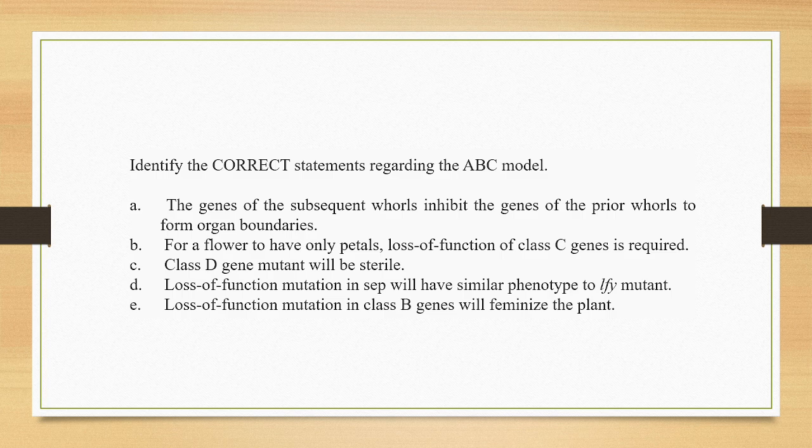Therefore, the first option is correct because these genes inhibit in such a way to maintain the organ boundaries, as class A inhibits class C and class C inhibits class A.